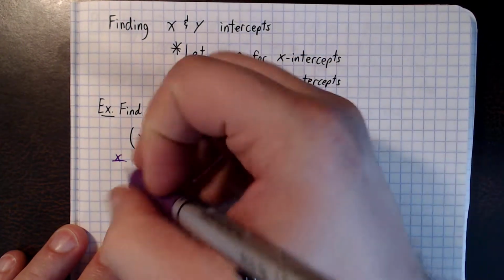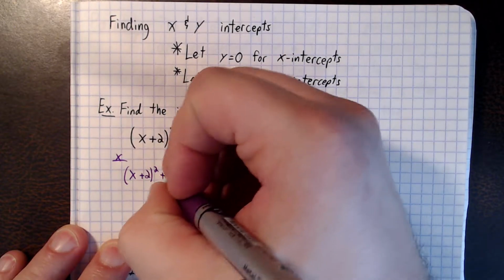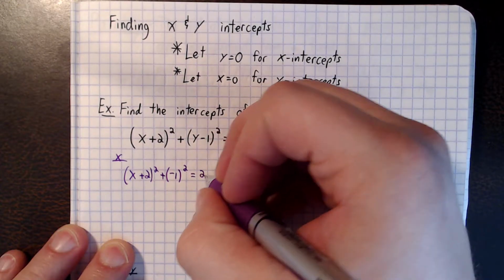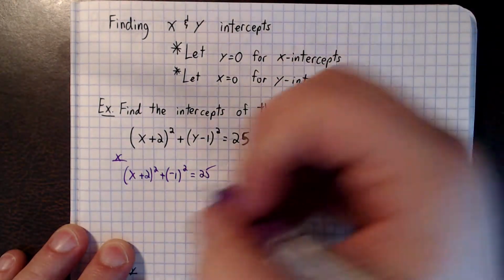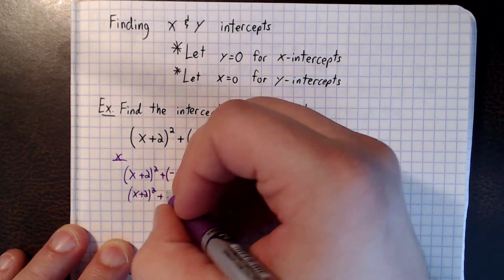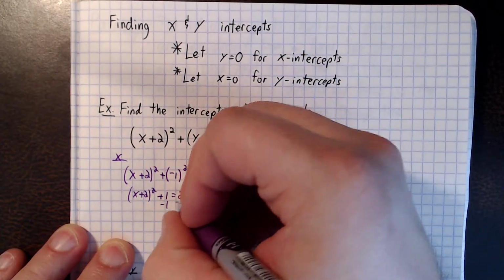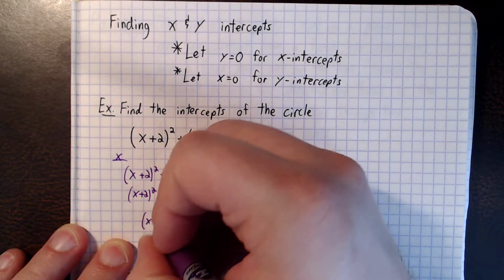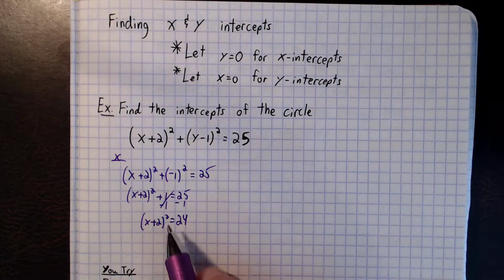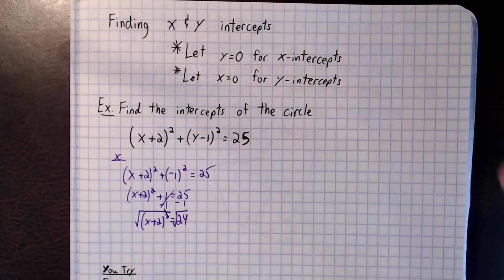So, let's see. That would mean that we have x plus 2 squared. If I plug in 0, that's negative 1 squared equals 25. Negative 1 squared is just plain old 1. We'll subtract that from both sides. Now we can start solving for x a little bit more clearly here.